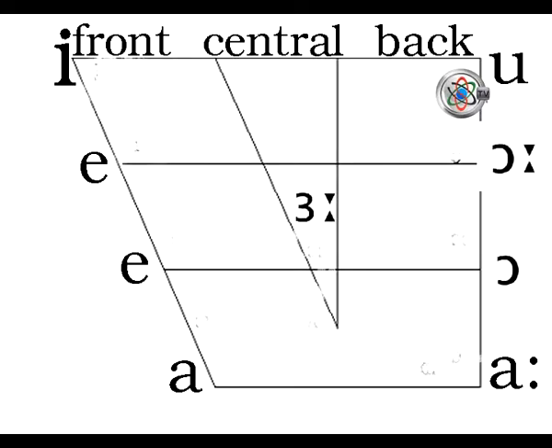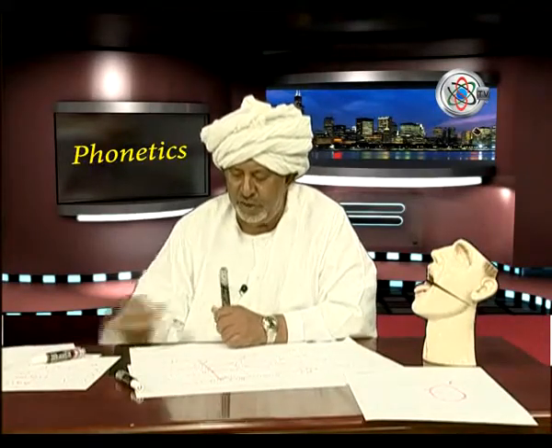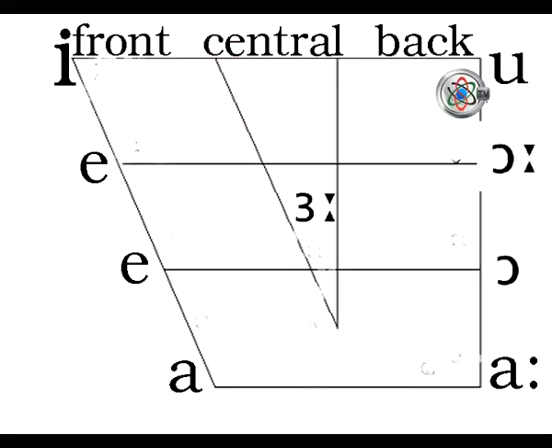It is back. It is open. The half open, the half close, and this close. The position, degree of raising. So this is back, open, long, and unrounded, not rounded.